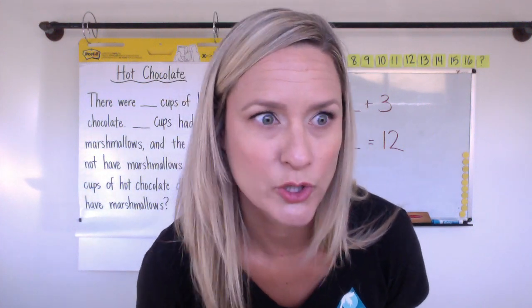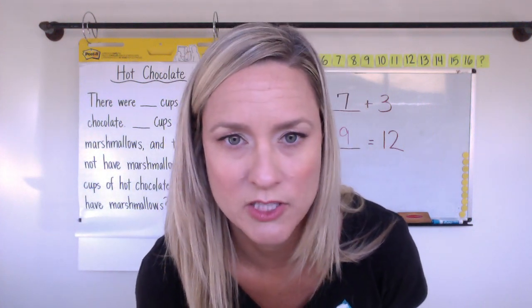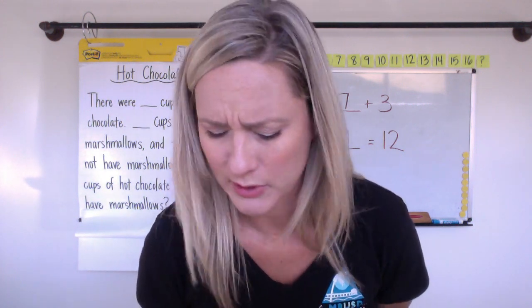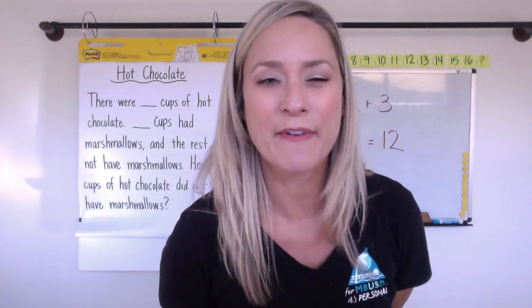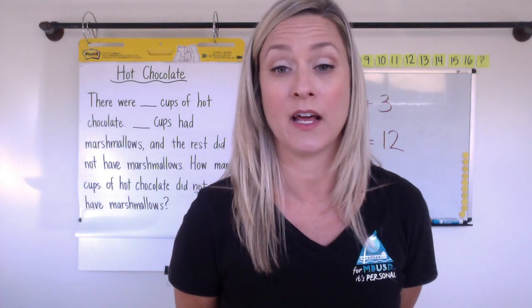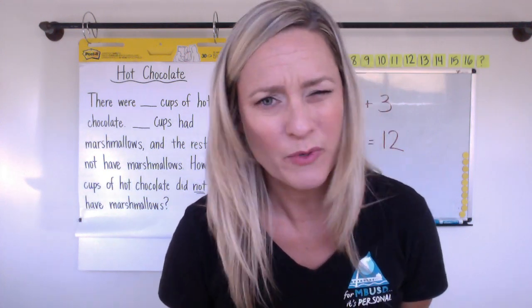Okay, let's find out how many cups of hot chocolate there were, and then how many cups had marshmallows. Then we'll have to figure out how many cups did not have marshmallows.